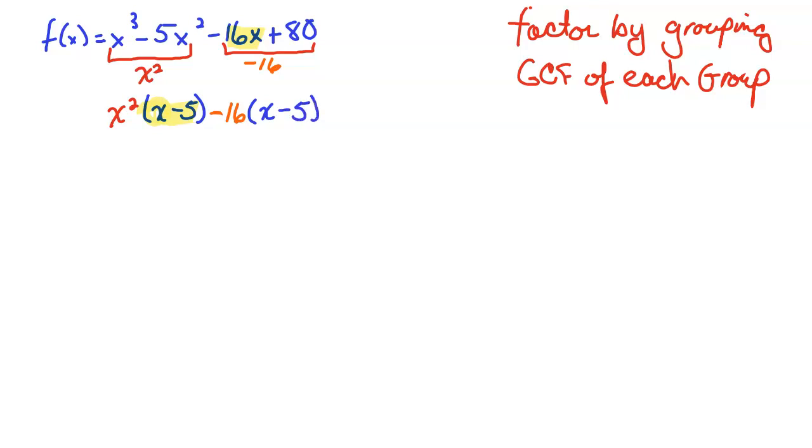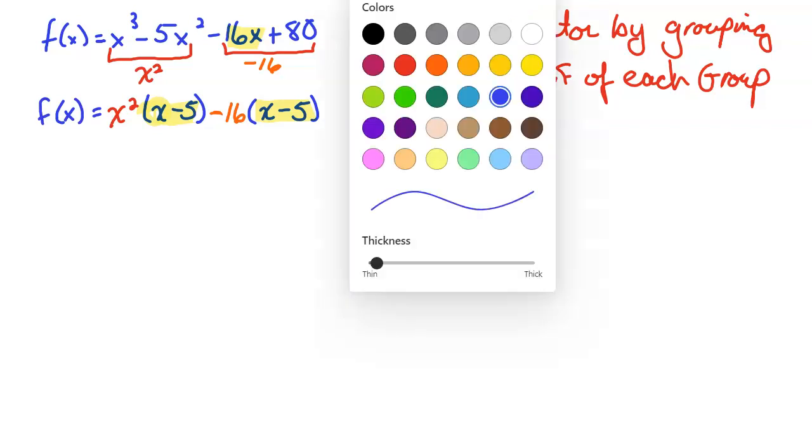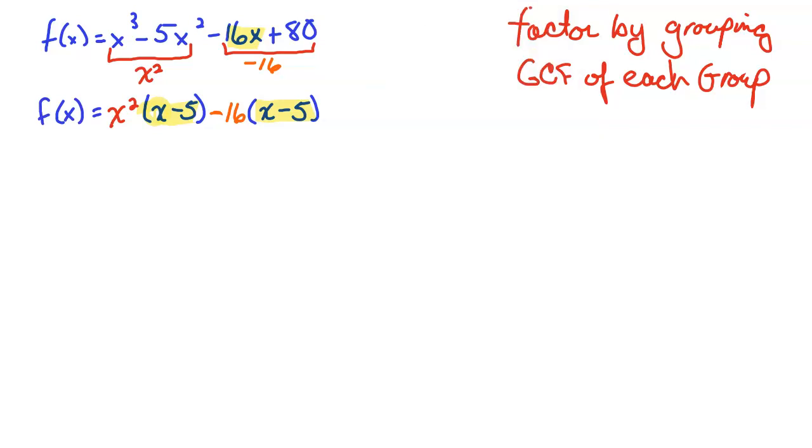Now notice, these 2 things are exactly the same. And I want that because now, if I, again, group my terms, this term compared to this term, what is common between these 2 terms?